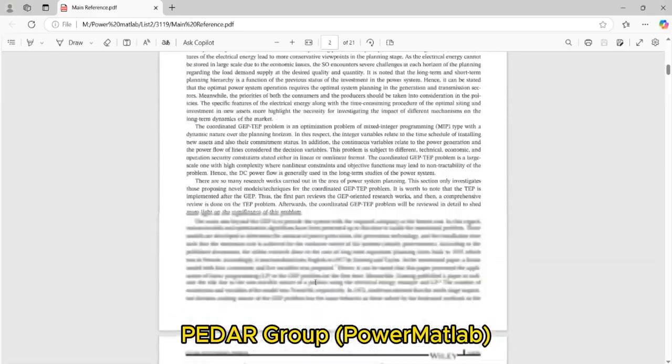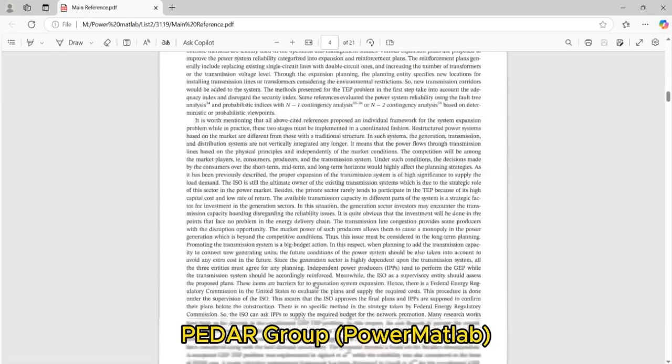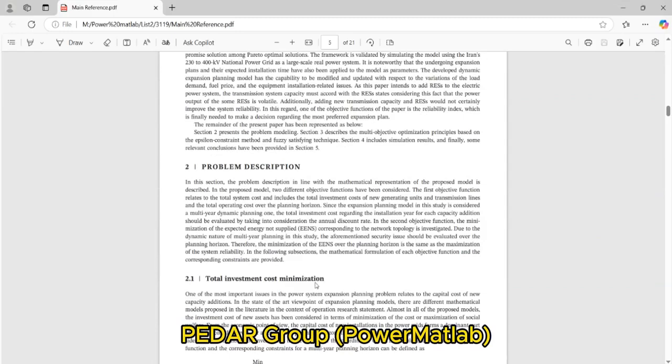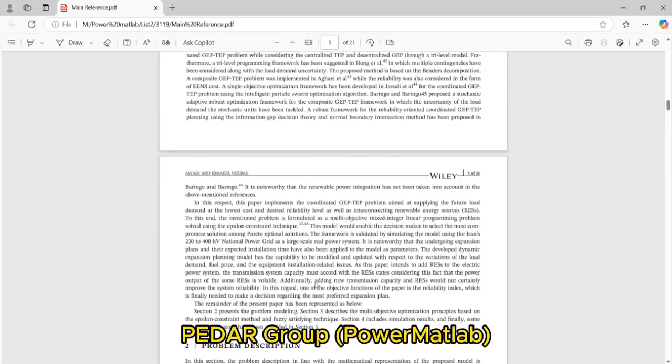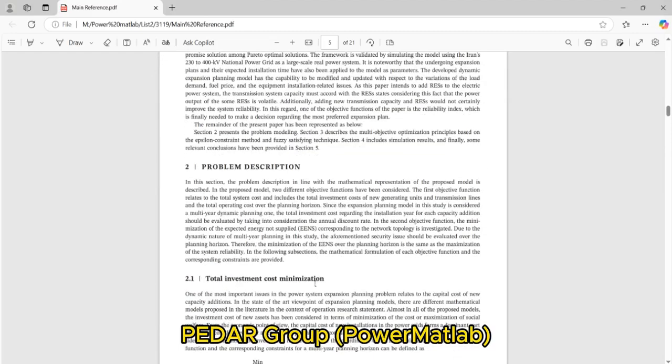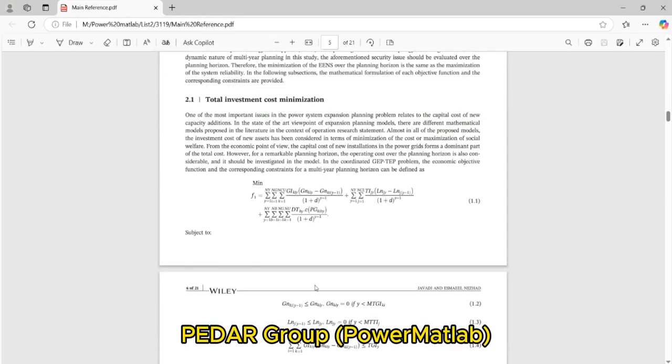As you can see here, the mathematical problem formulation of this paper starts on page number 5. As you can see here, the total objective function of this issue consists of two sub-objective functions.